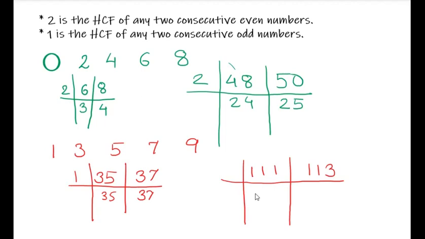So how will we write its factors? 111 is 1 times 111 and 113 is 1 times 113. So children, from these two examples we have learned that 1 is the HCF of any two consecutive odd numbers. Got it?